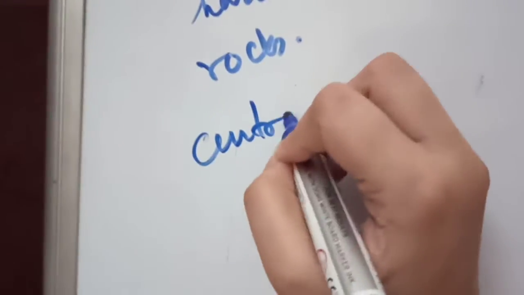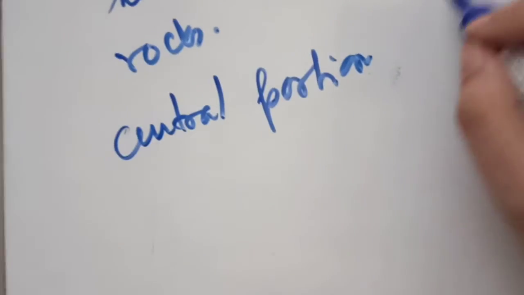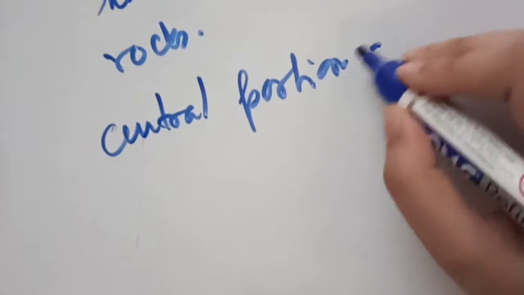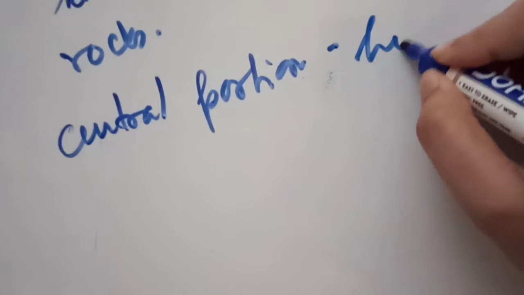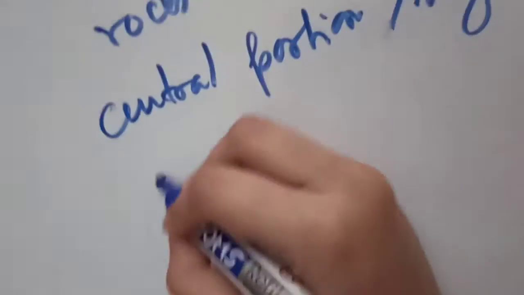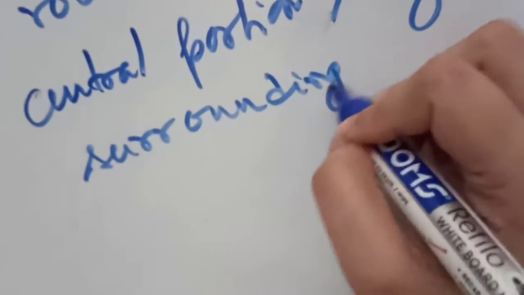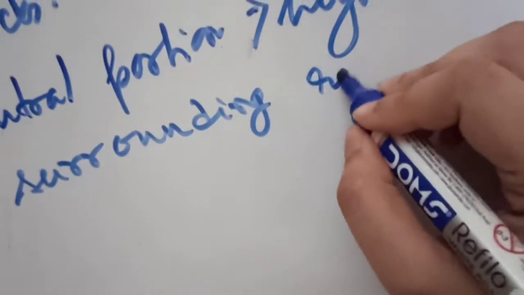The central mass, or the central portion of this Canadian Shield is higher than the surrounding regions of the shield area.